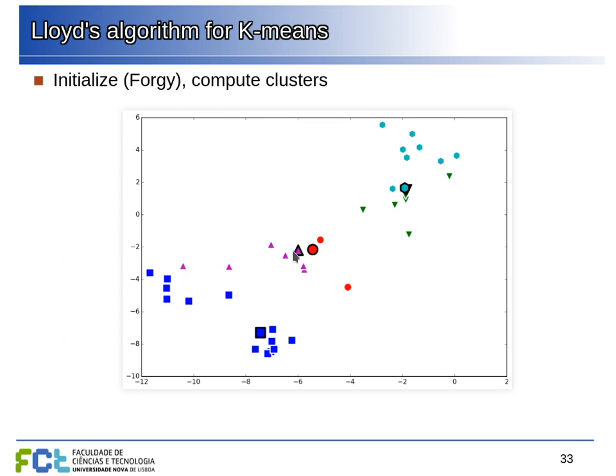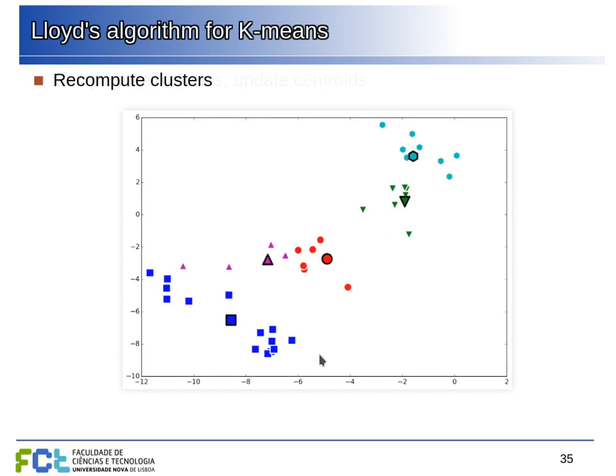As you can see, for example, the triangles here are spread out to this side. So the triangle centroid will move to this position because this is the average of the coordinates of all the triangles. And the same thing for the circle, the blue hexagon there, the green triangle there, and so on.